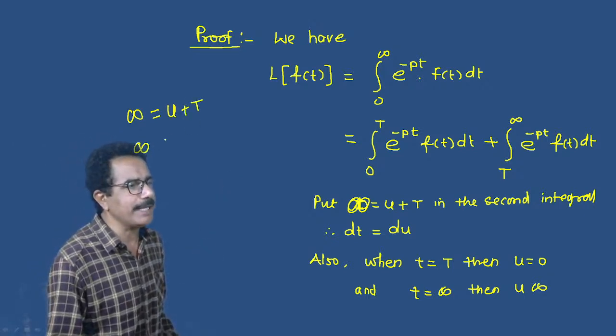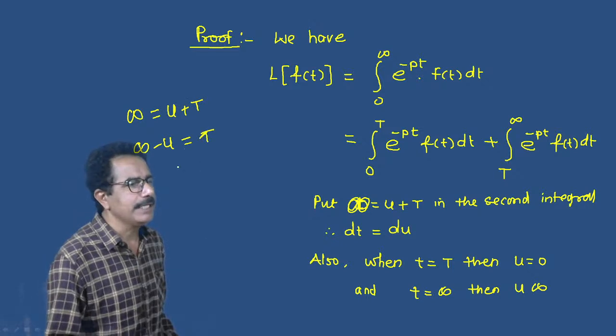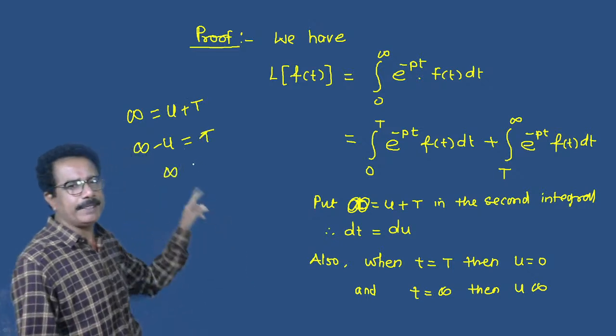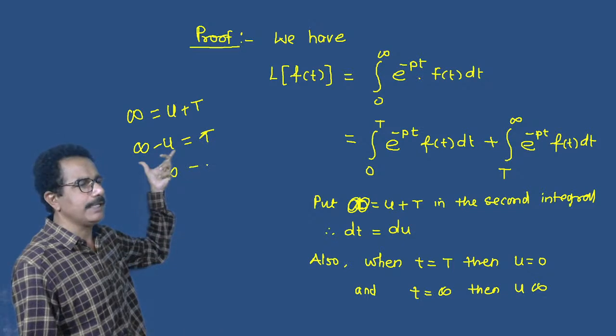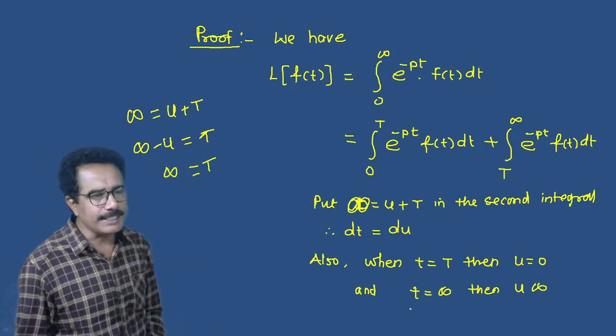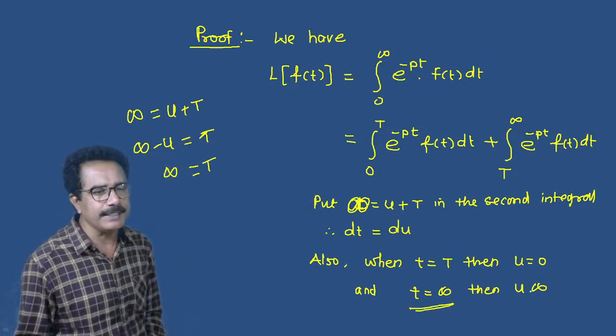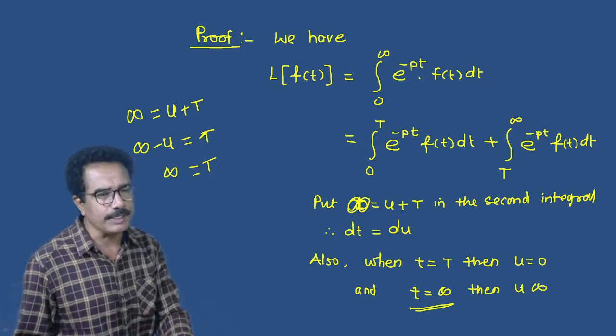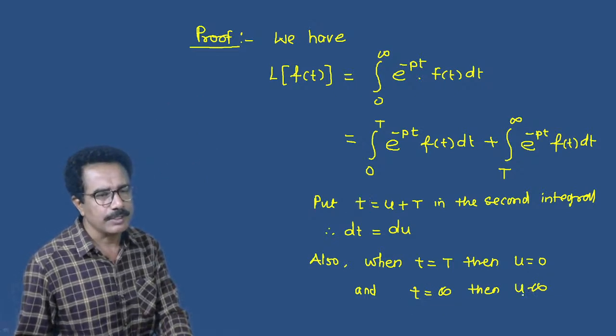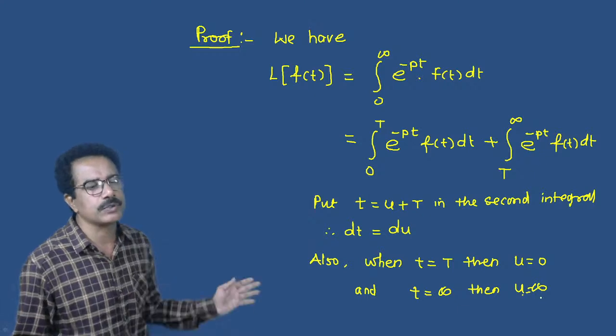So infinity minus u is again infinity, therefore the value of capital T becomes infinity. So if small t is infinity, then u also becomes infinity. U is equals to infinity.